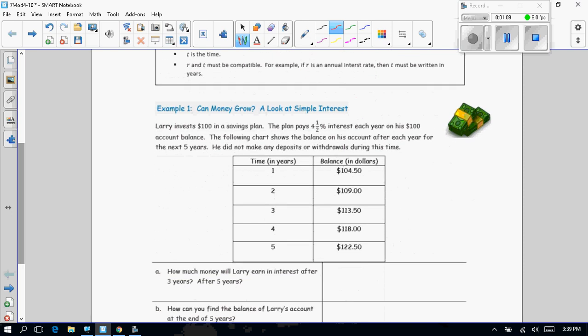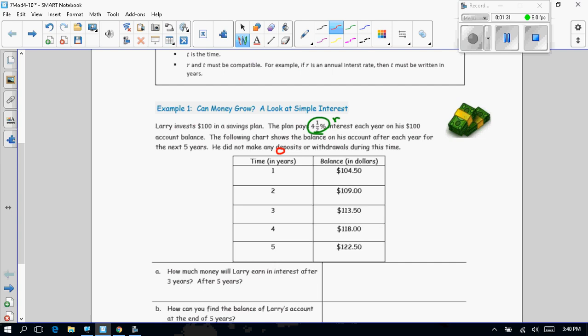All right, so Larry invests $100 in a savings plan, and it's paying 4.5%. There's my interest rate each year and his $100 balance. The following chart shows the balance on his account after each year for the next 5 years. He did not make any deposits or withdrawals during this time, right? Just opens the bank account and lets it sit there and do its business.